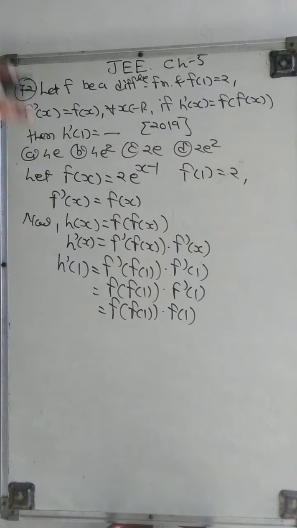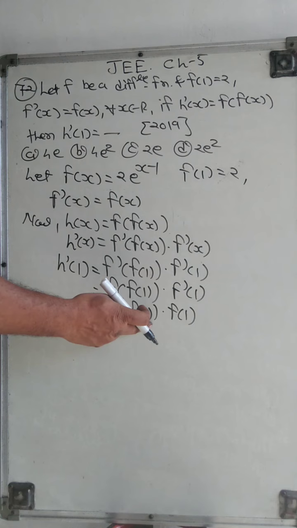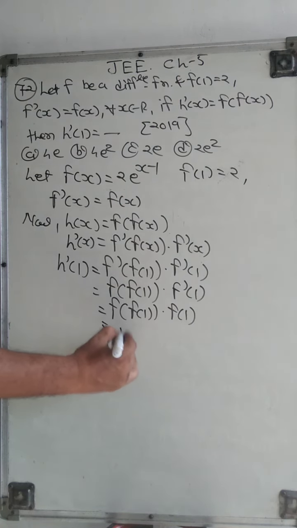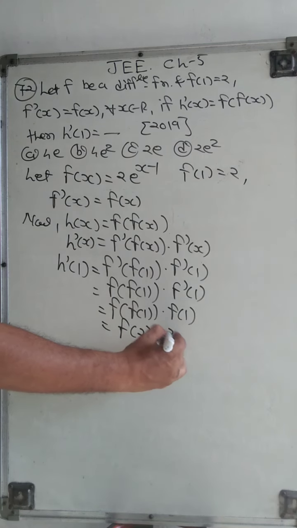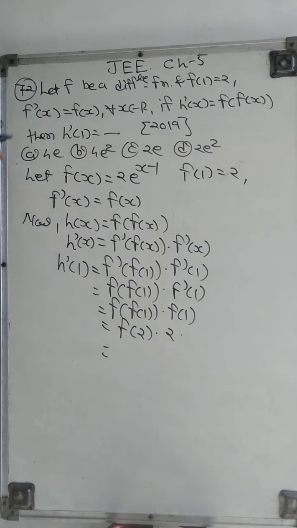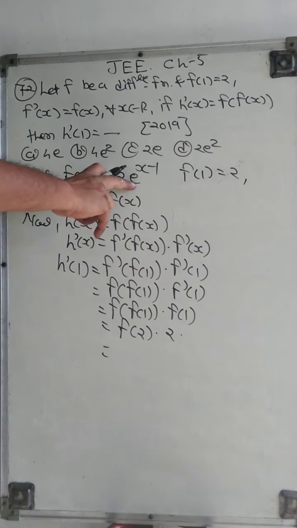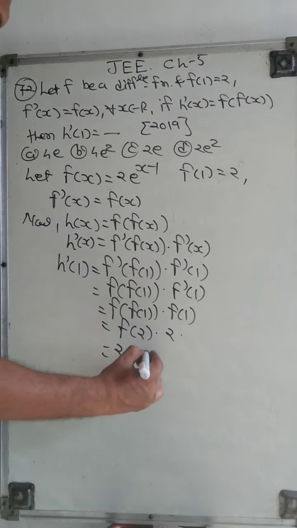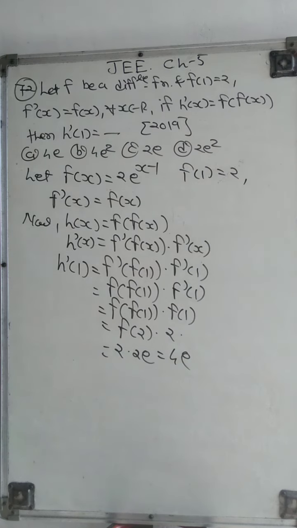Okay, so here f f(1) into f(1), and now we just put f(1) is equal to 2, so f(2) into 2. f(2) means at the place of x we put 2, so it is 2 into 2e, which is 4e. So this way we can find the answer of this given term is 4e. Okay, this is a good sum.